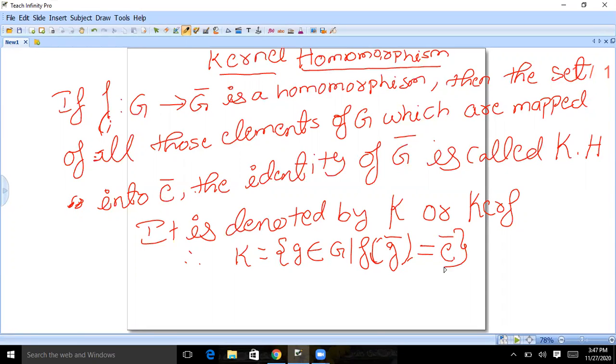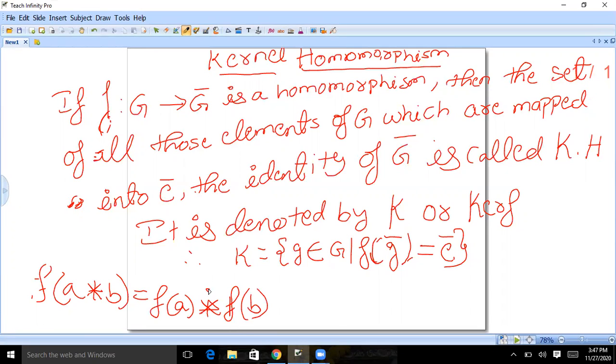So now let us see what this says. In homomorphism, we saw already that f(a star b) = f(a) star f(b), where they are doing some dot or something.